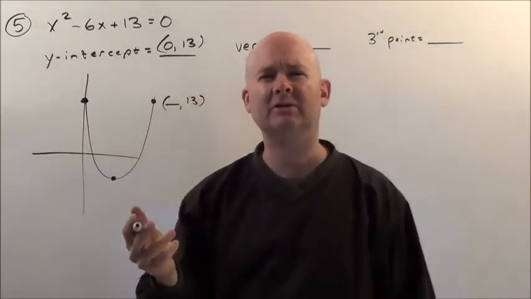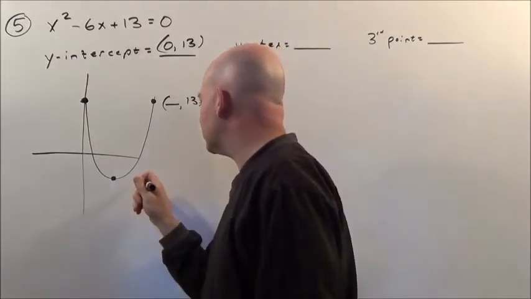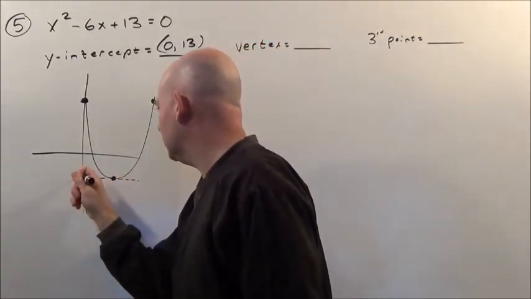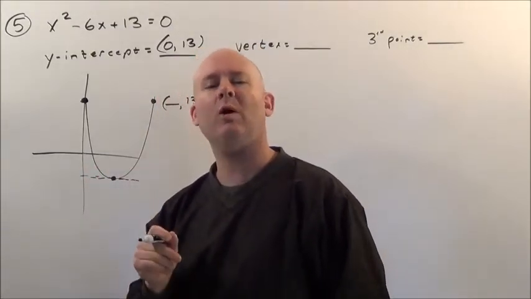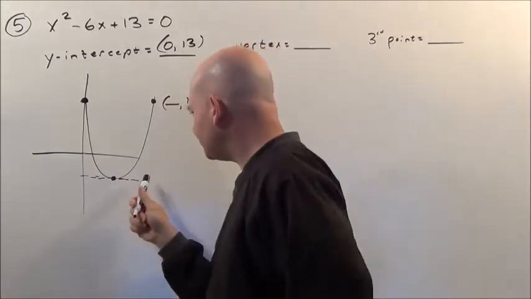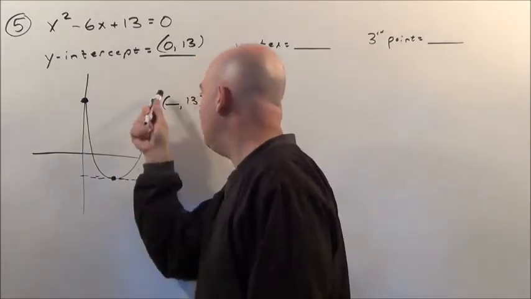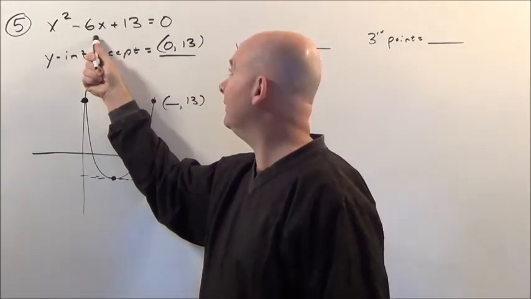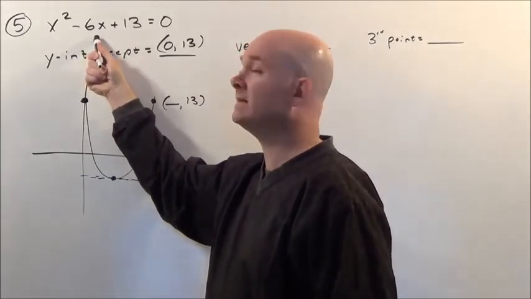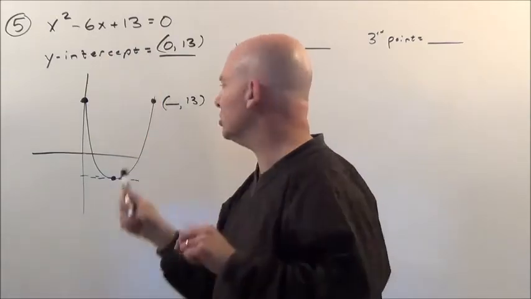Well, how can I find the vertex? What do I know is true about the tangent line right here? That tangent line is going to have a slope of 0. What equation gives you the slope at any point on this parabola? The derivative. The derivative of x squared minus 6x plus 13 will tell you the slope at any point.